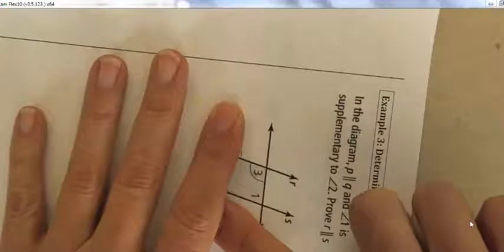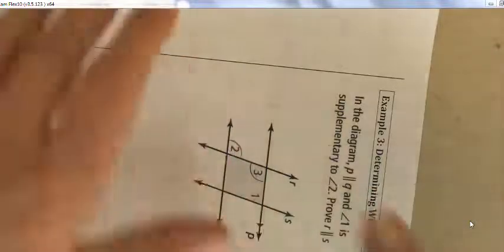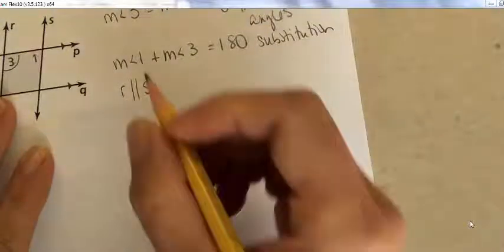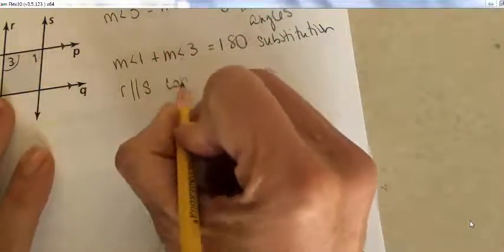So if they're supplementary, then the two lines that form those angles with the transversal have to be parallel, right? Okay, so that's basically our argument right there. So we know that R is parallel to S, and that's because consecutive interior angles are supplementary.